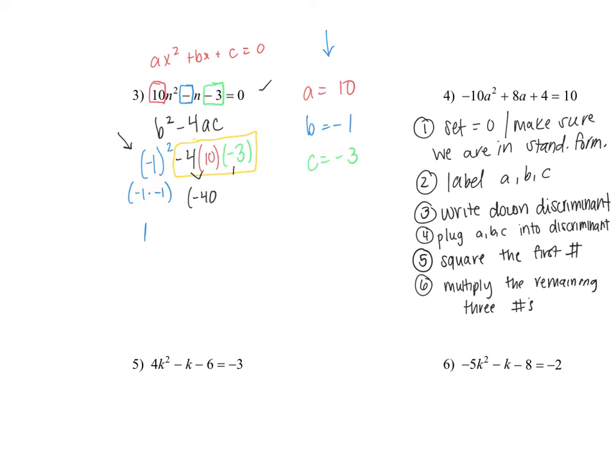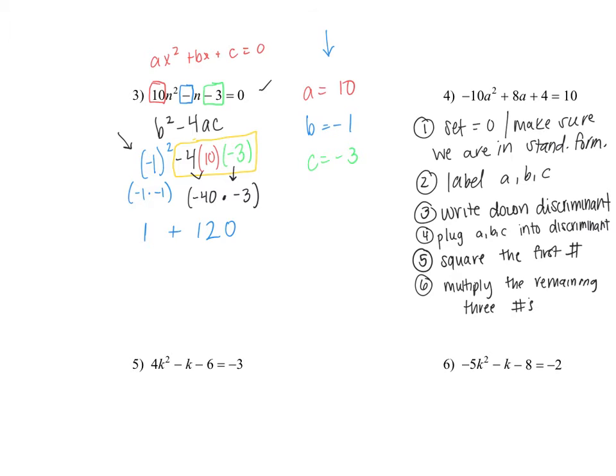Okay? Then bring this down and multiply -40 by -3. Okay, so I multiplied the first 2 numbers, and then I got an answer, and I'm multiplying that answer by the 3rd number. So -40 times -3 gives me a +120.